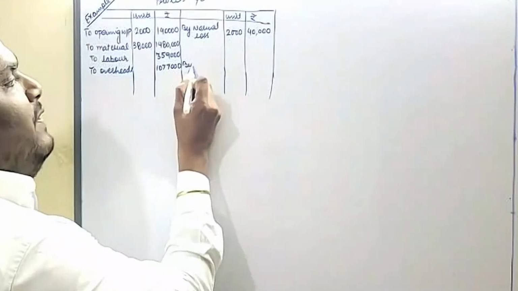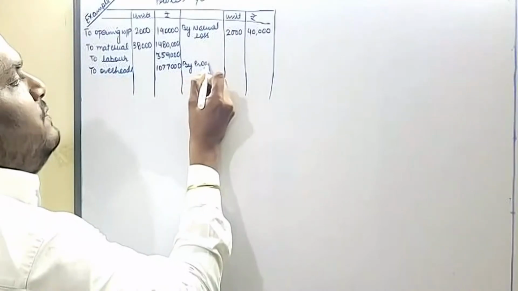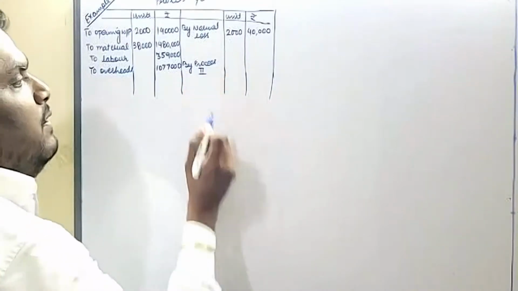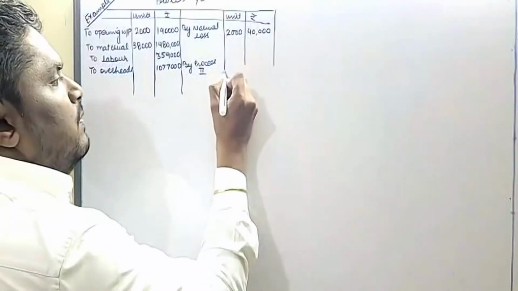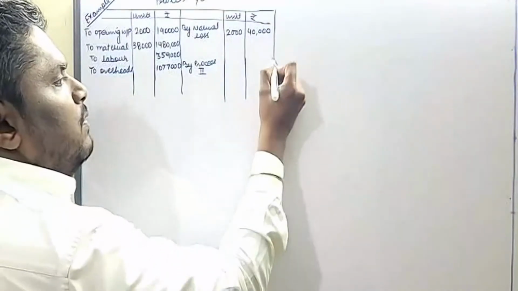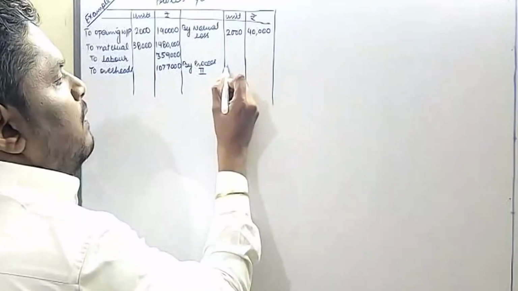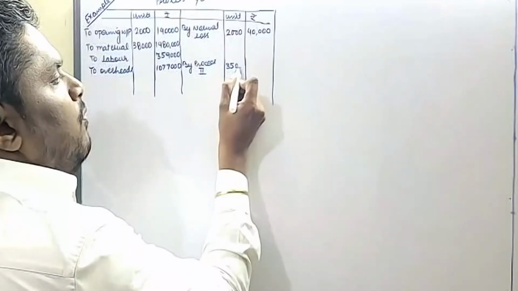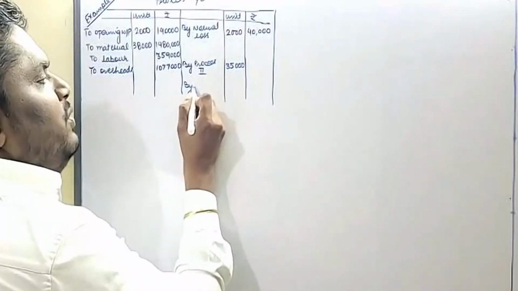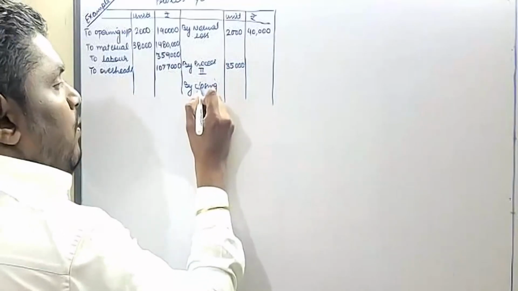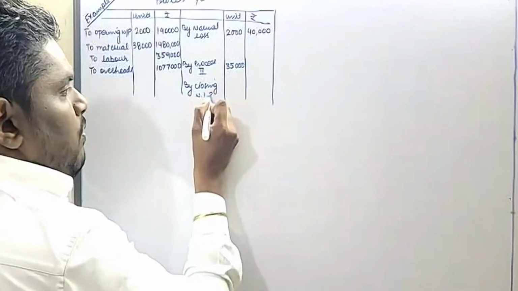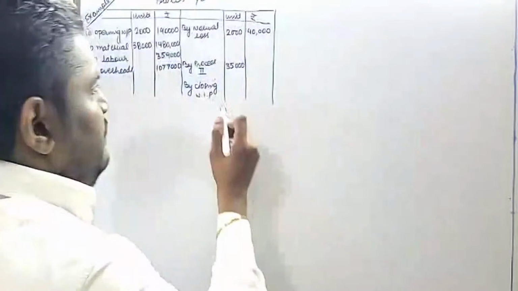Further, the units transferred to the next process are 35,000 units. Closing work in progress is also given. That is 2,000 units.